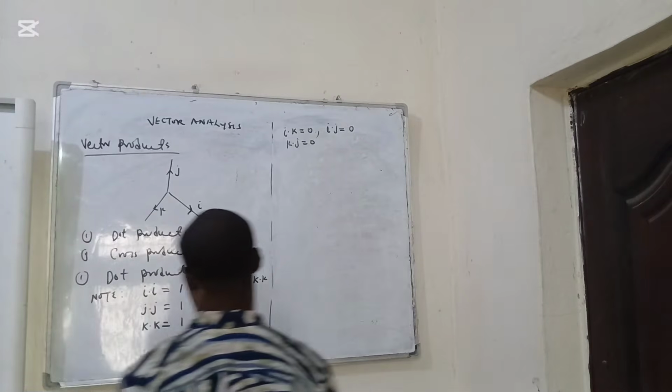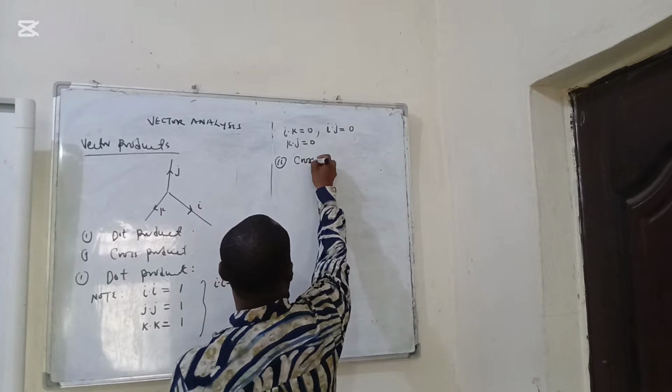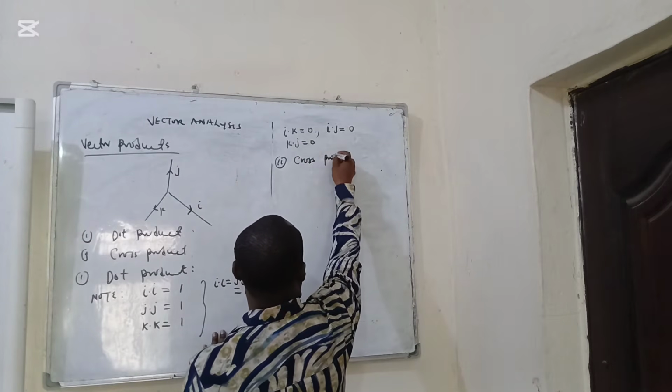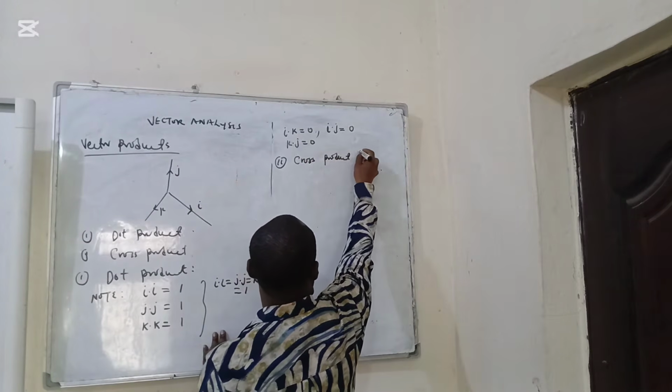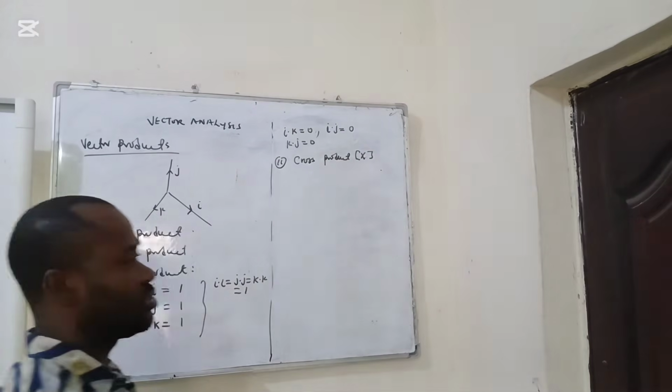So for the cross product, it is always put like this.